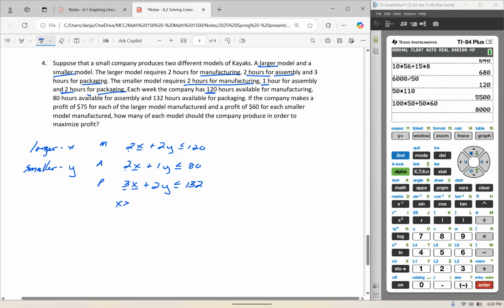Again, X and Y must both be greater than or equal to 0. Also, the company makes a profit of $75 for each of the larger kayaks, and $60 for each of the smaller kayaks. So there's my profit equation.